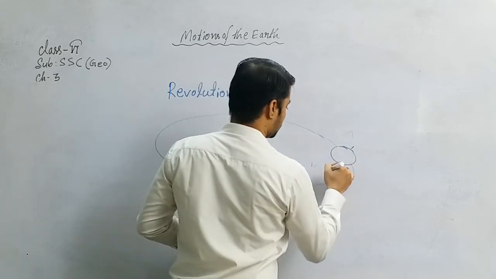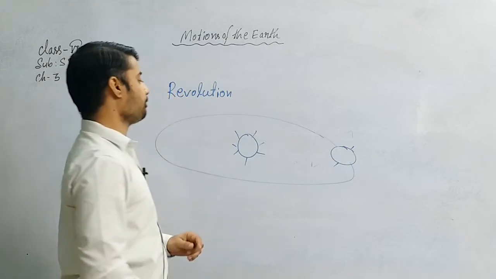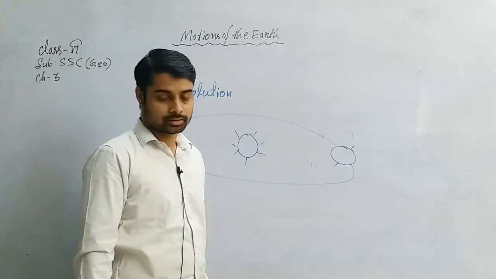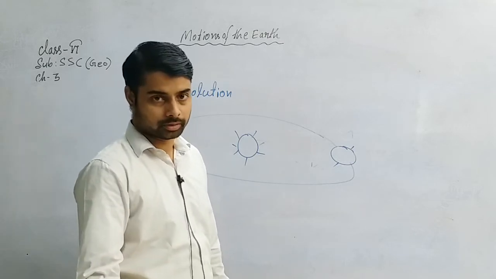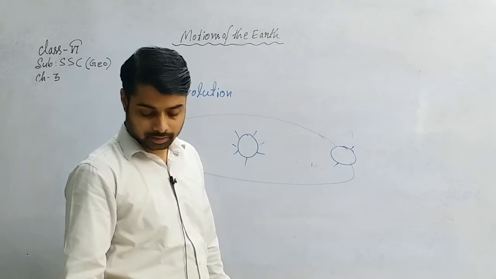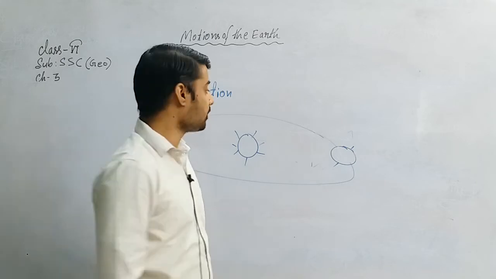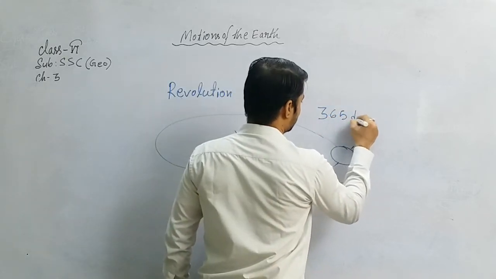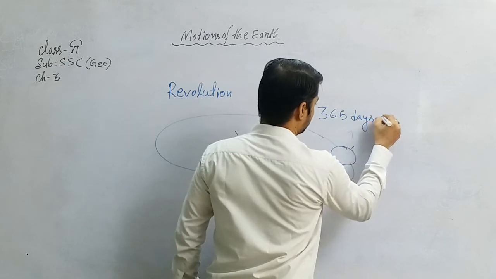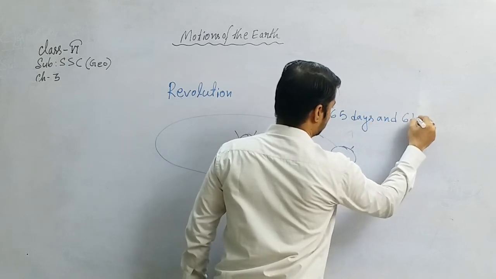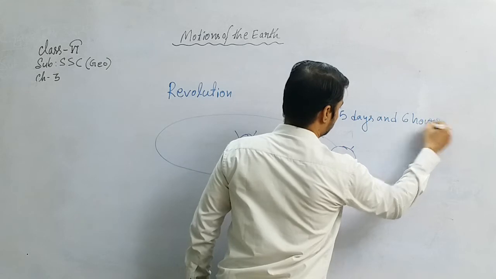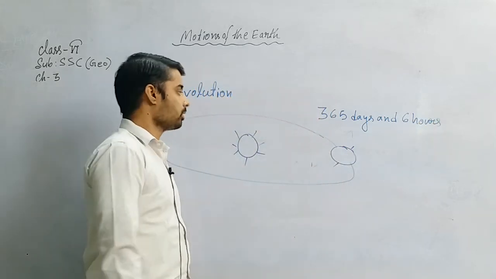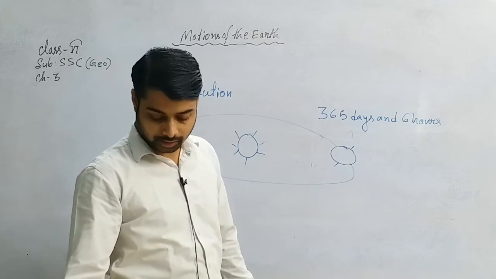This movement of Earth is called a revolution, and Earth takes 365 days and 6 hours to complete one revolution around the sun.